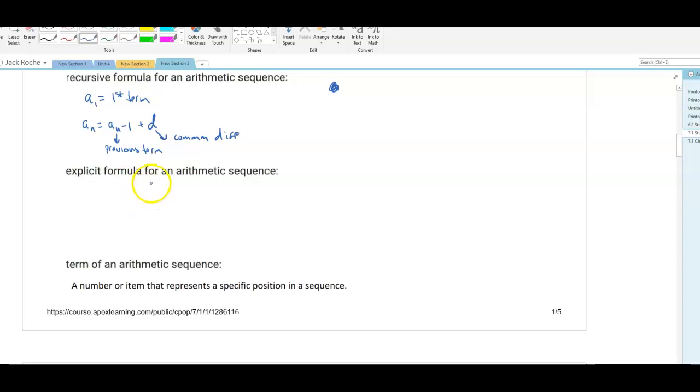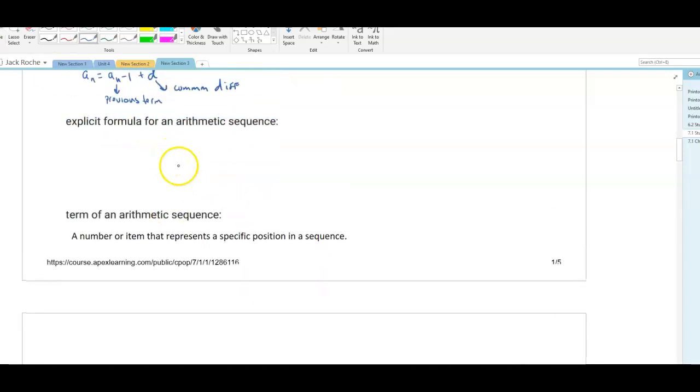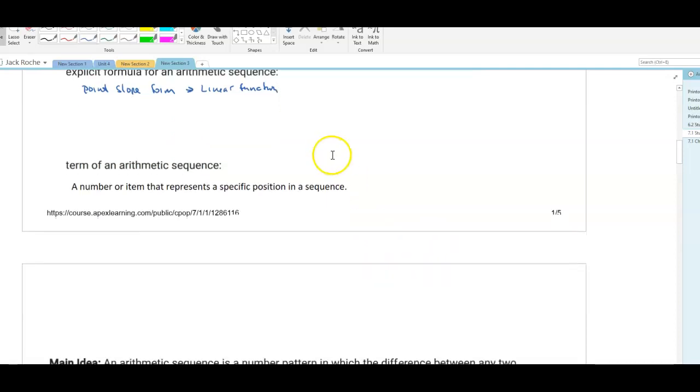The explicit rule is basically no different than your point-slope form. The reason I say this is because an arithmetic sequence represents a linear function. So when we talk about the explicit rule, the way this text does it is they say a sub n is equal to a sub 1 plus n minus 1 times d.